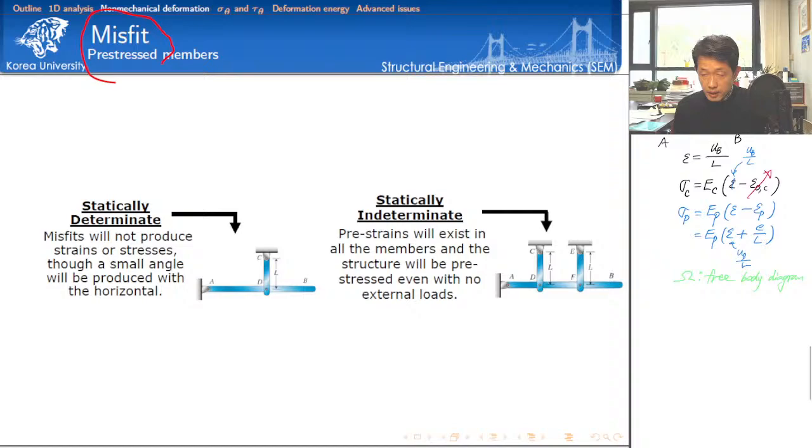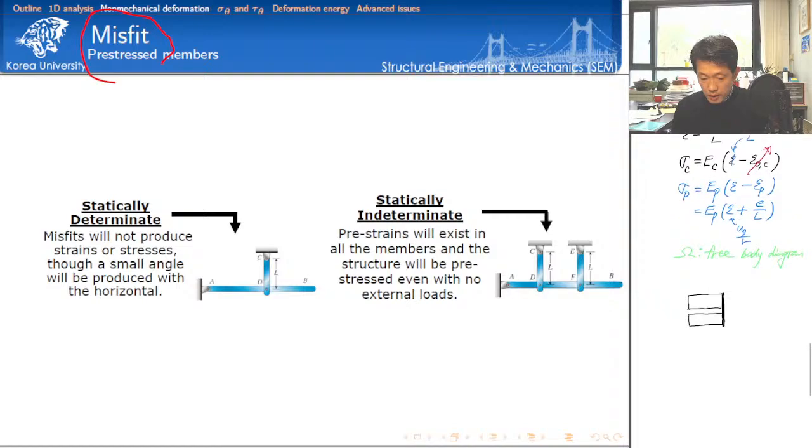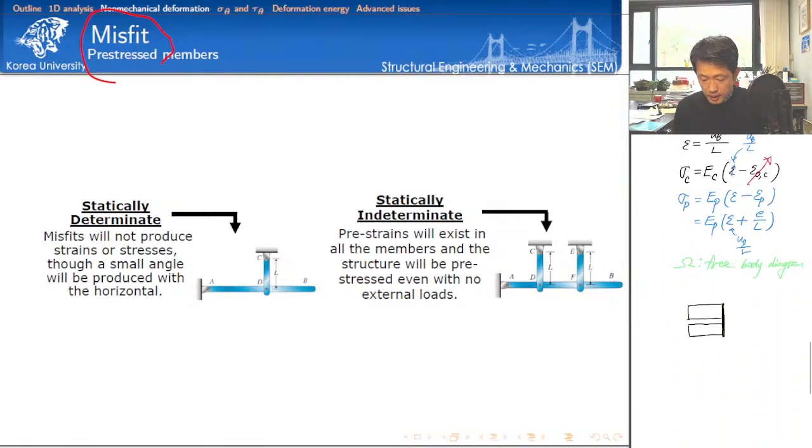We are following the same procedure always, okay? No difference. It's real easy, okay? So we have a rigid plate because I want to fix the end of the tendon to the end of the member. And then we have the external load P here. And then I have the stress of concrete.